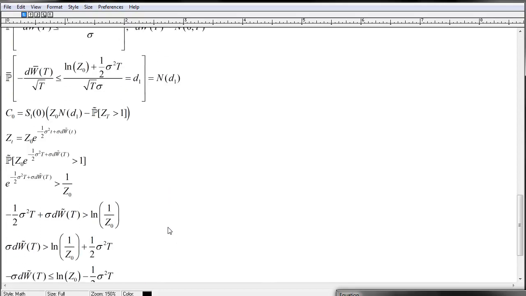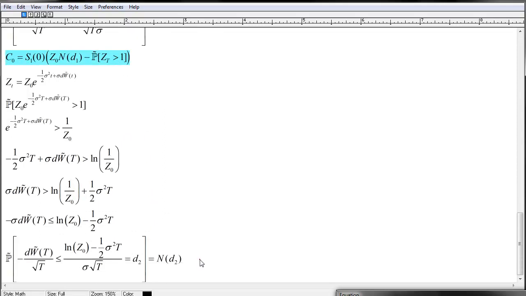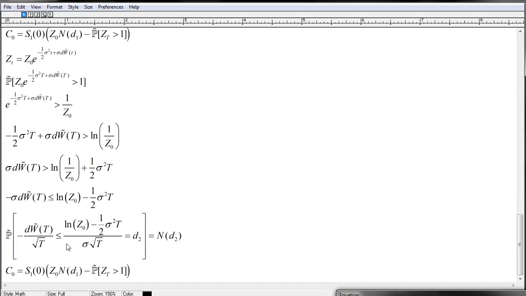So the formula for the option price finally takes the form shown here. Sometimes this application is stupid.